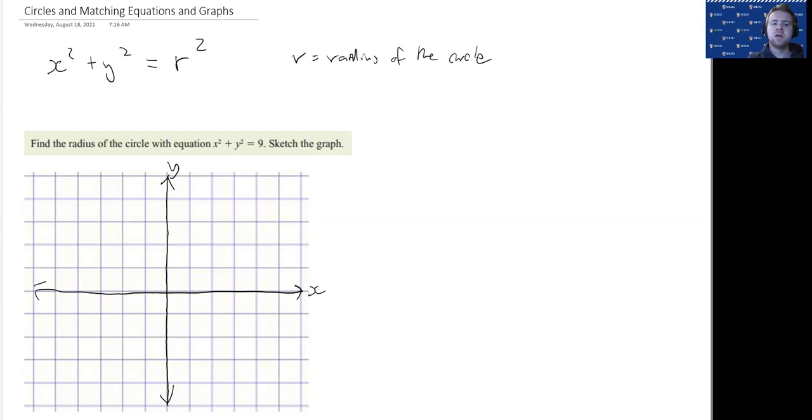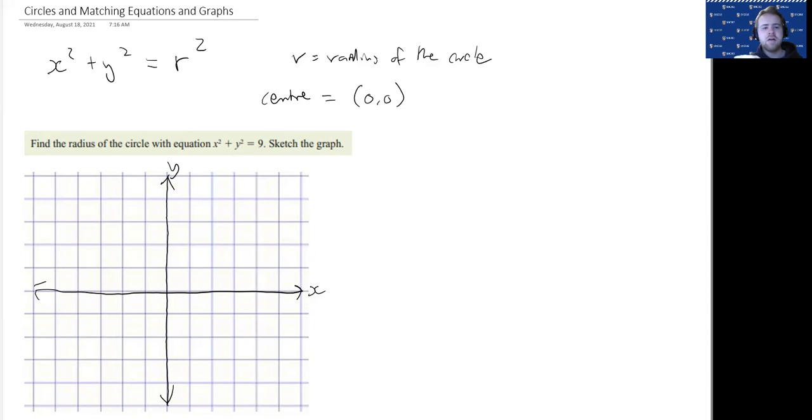The center of this particular circle will be at (0, 0). We're just going to be looking at circles that have a center at (0, 0). Basically, we're looking at what the radius of this circle is, and its center is always going to be at the origin, the middle of the graph.